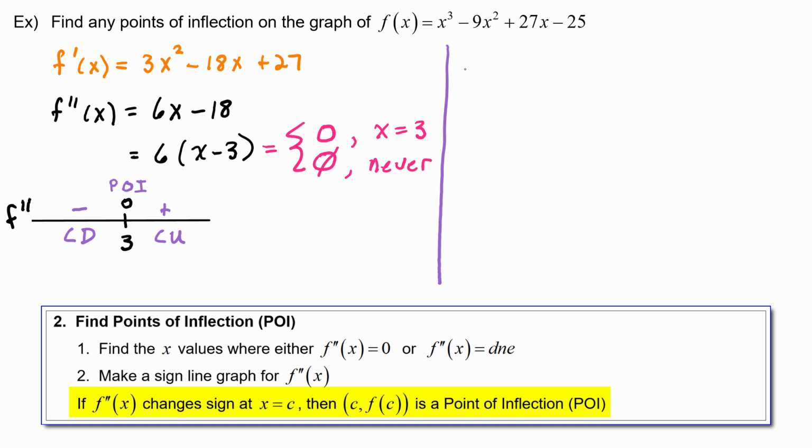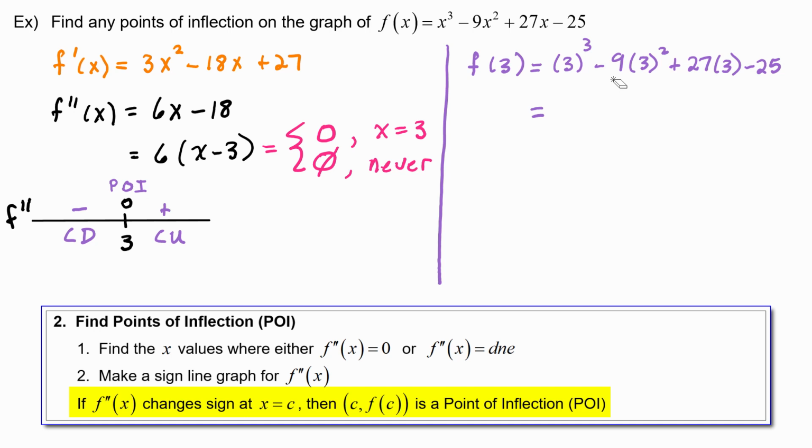So we need to figure out what f of 3 is in order to get the y value. So that's going to be 3 cubed minus 9 times 3 squared plus 27 times 3 minus 25. And this is going to equal, well, it's kind of easy to see right here.